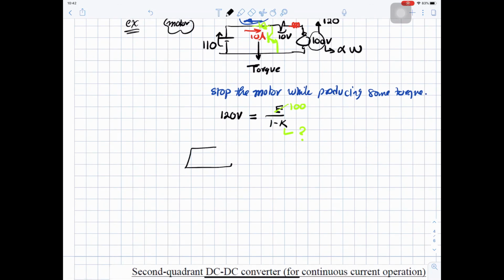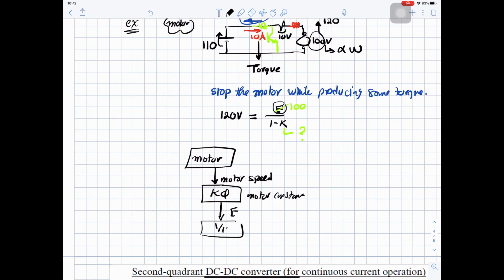So if you have your motor, we can measure the motor speed, and we can multiply this motor speed by K phi, which is the motor constant. So we can get E. Once we have this E, we will divide it by 120.